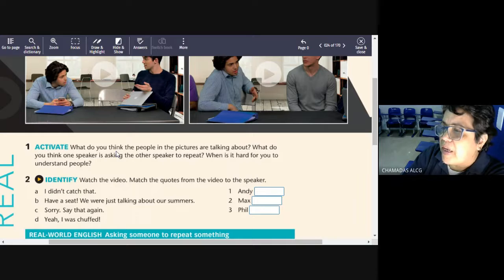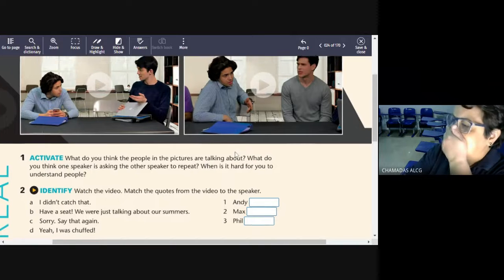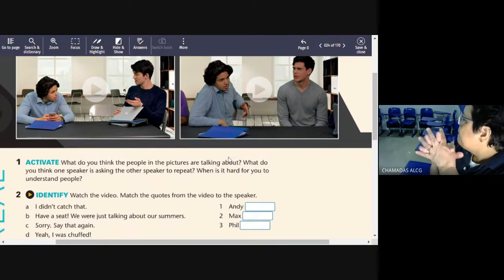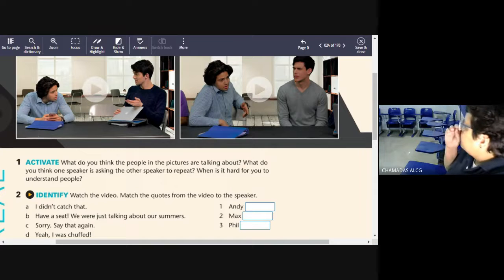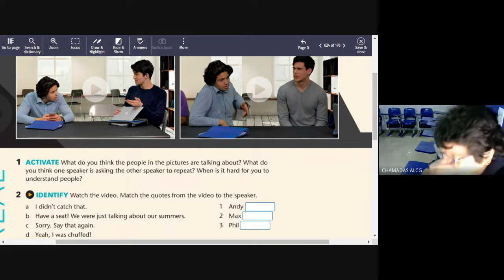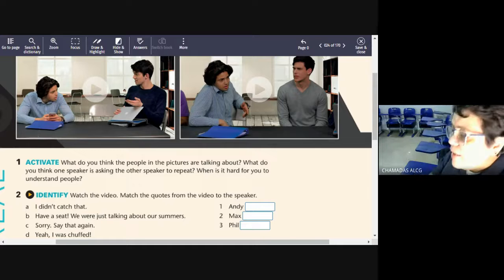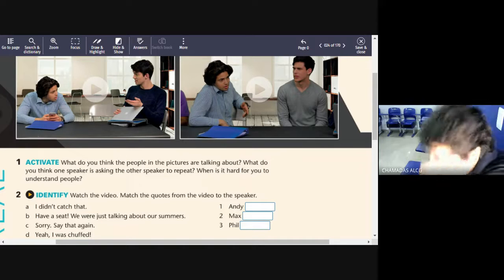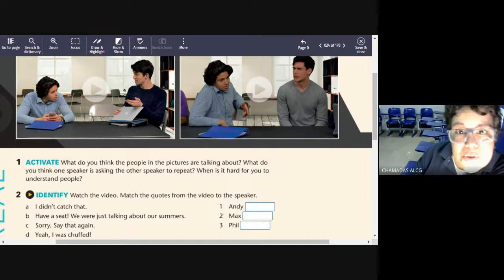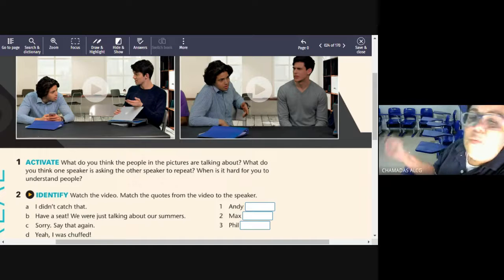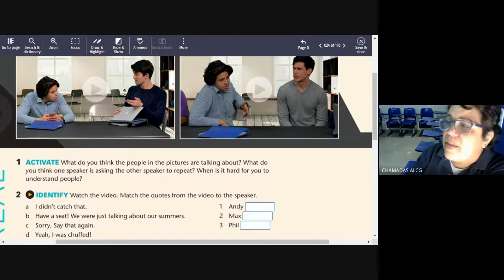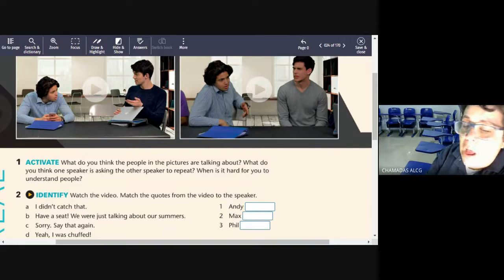What do you think the people in the pictures are talking about? I think they are talking about the school. Okay. Thank you, Samu. So Samuel said he thinks they're talking about school.